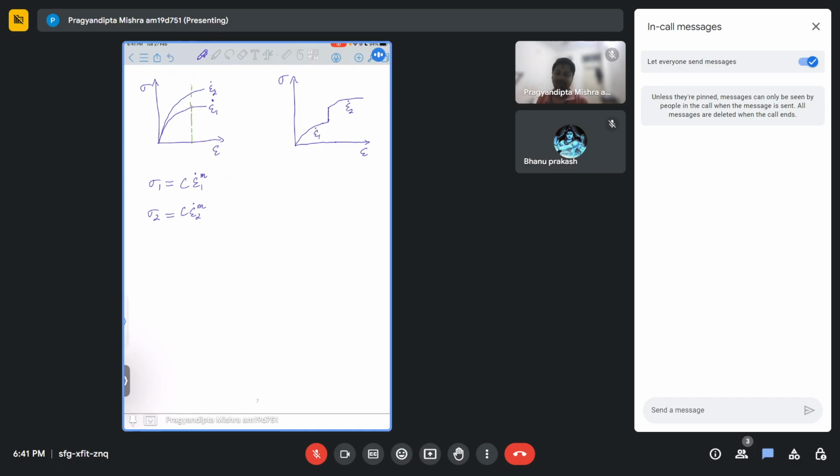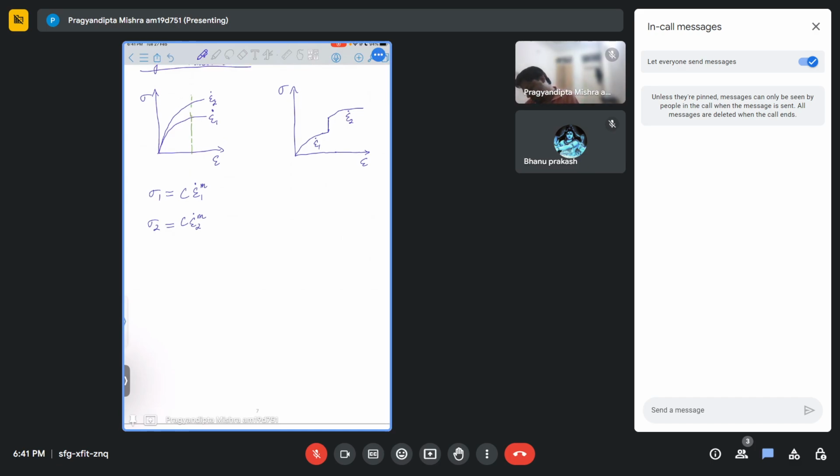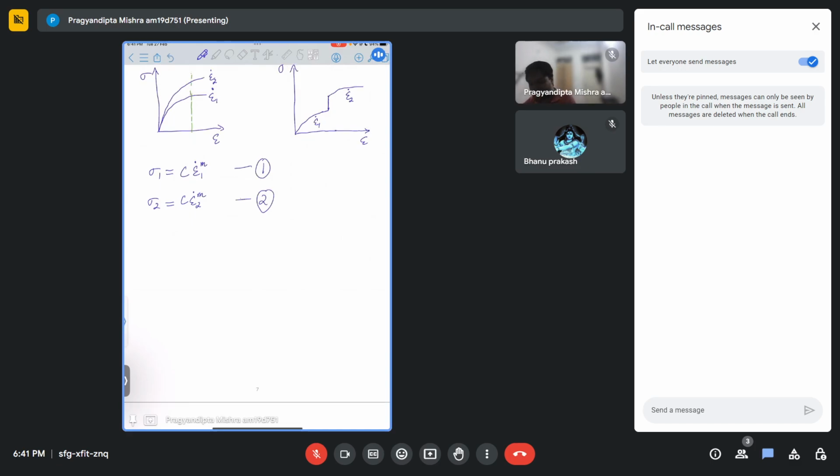Now if we divide the equations one by the other, this is 1 and 2. Now if I do 1 divided by 2, I will get sigma 1 by sigma 2. On the right hand side, C gets cancelled. So we will have epsilon 1 dot by epsilon 2 dot whole to the power M, right?